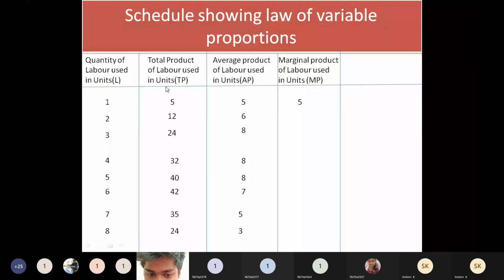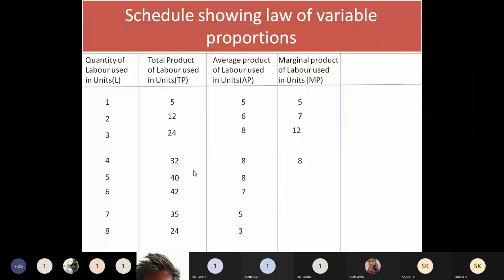So 5 minus 0, you get a marginal product of 5. When you have added two workers, the total output is 12. Previously it was 5. So the difference is 7. So when you added this second worker, your production increased by 7 output. Like that, go on calculating the marginal product of each additional worker: 24 minus 12, it is increasing 12 units here.